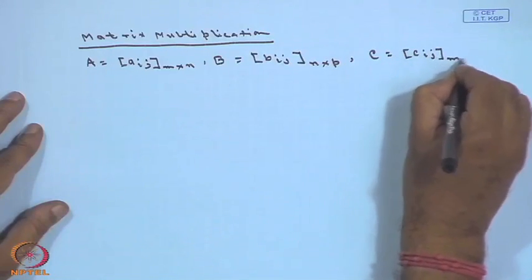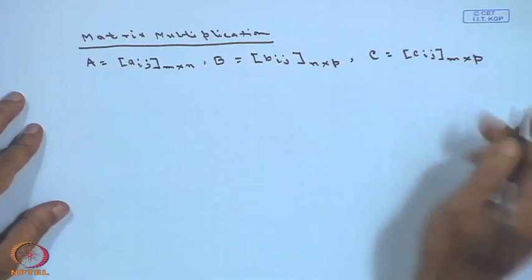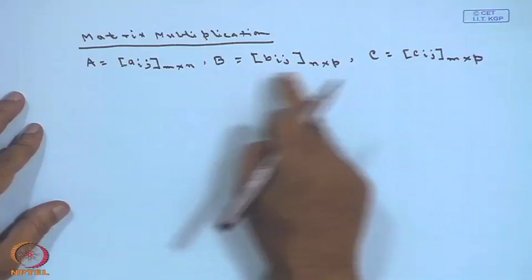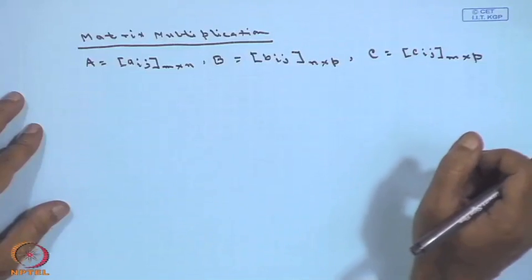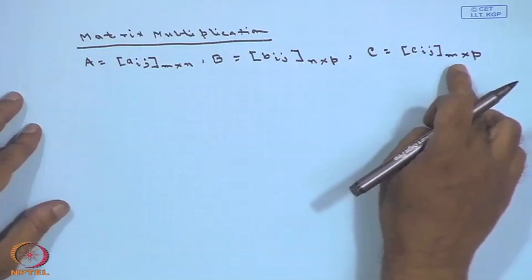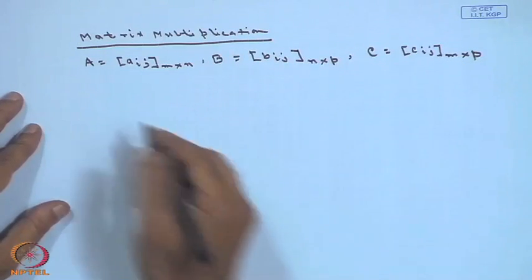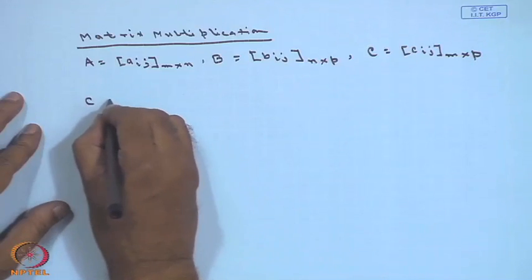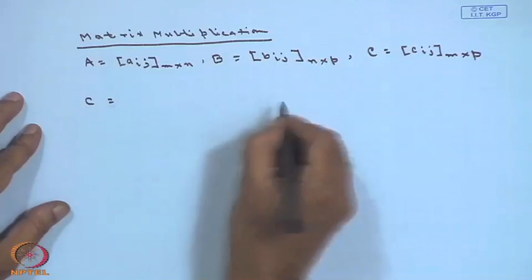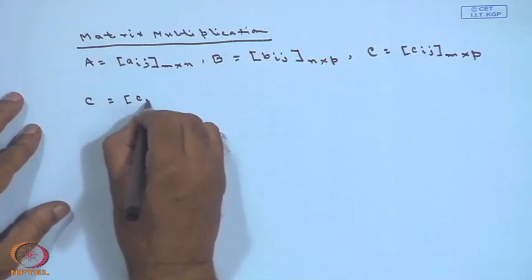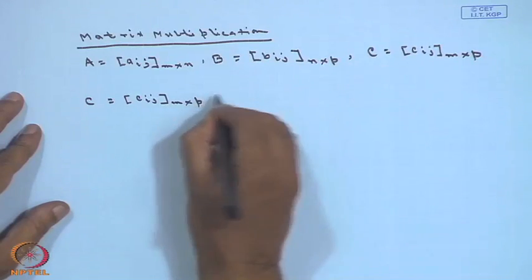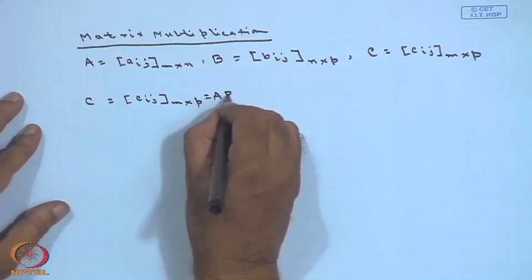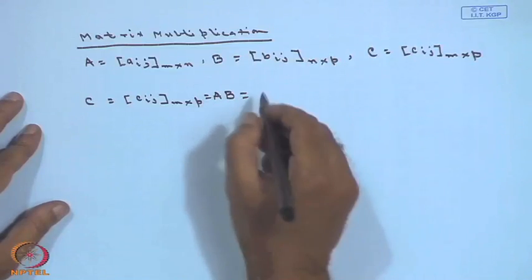This is the resultant matrix, and its order will be m cross p, that is, the number of rows of the first matrix by the number of columns of the second matrix. So, C equals C_ij of order m cross p is nothing but the product of the two matrices A and B.